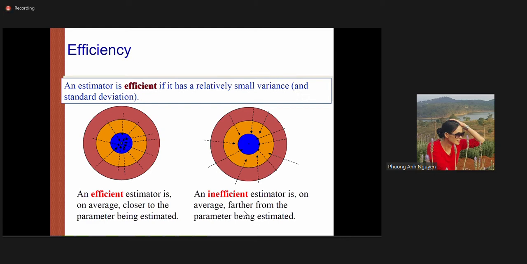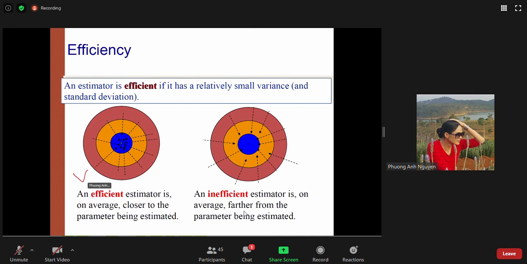Let's compare the first and the second diagram. Which one looks better? Clearly, you prefer the first one. Because on the first try, maybe here, and the next one there, they look quite close to the target.